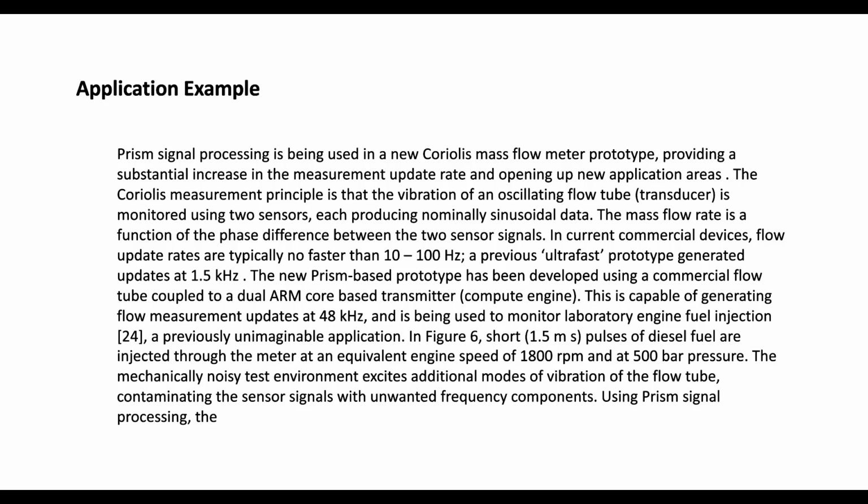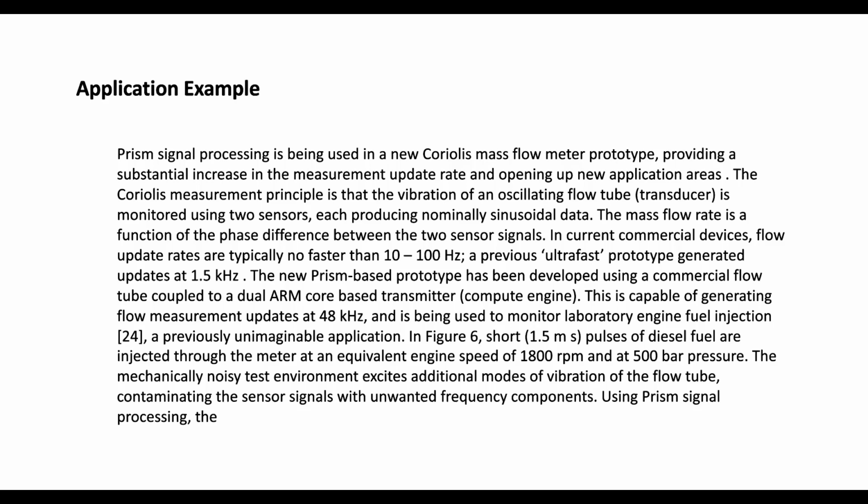A previous ultra-fast prototype generated updates at 1.5 kilohertz. The new Prism-based prototype has been developed using a commercial flow tube coupled to a dual ARM core-based transmitter compute engine.